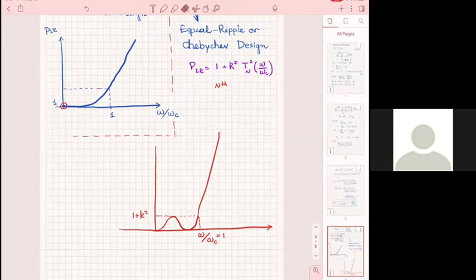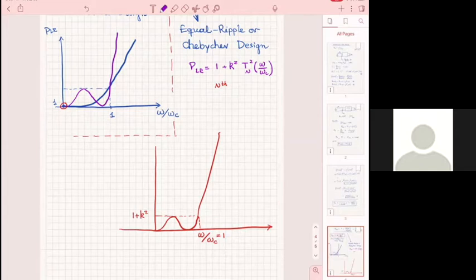So if I were to take the two and overlap them, what would I find? I would find that for the same order filter, I will get something like this for the Chebyshev.